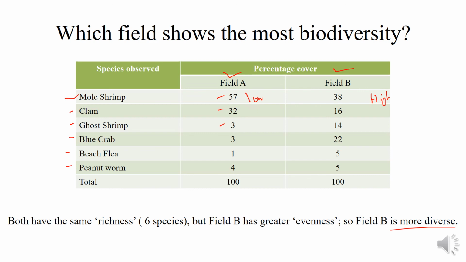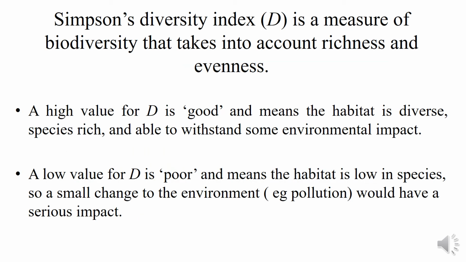Now, the Simpson diversity index. If your D is very good, your habitat is much more diverse. A very high diversity index means your region or ecosystem is much more diverse, and species richness is also high, so it can tolerate any kind of environmental impact.